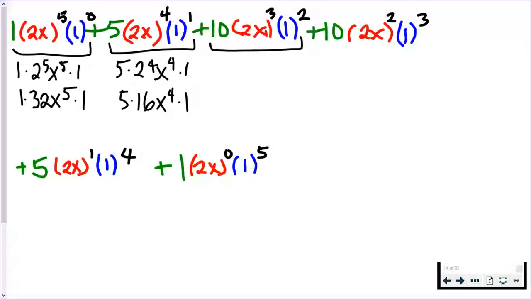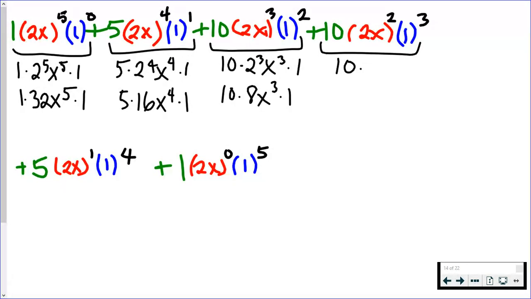Same thing with the rest of them. 10 times 2 to the 3rd, x to the 3rd. 1 squared is 1. 2 to the 3rd is equal to 8. And moving on.